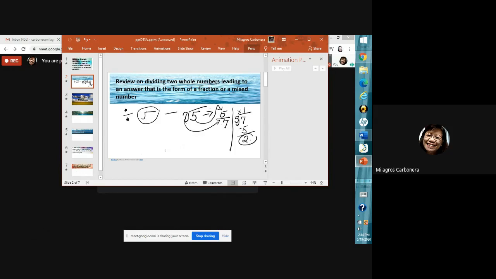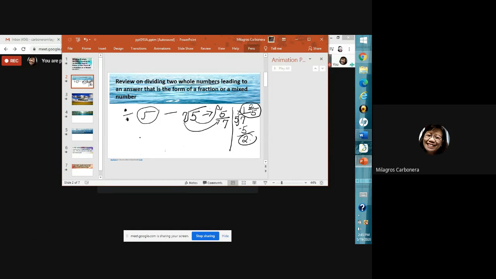But since you cannot get a group of 5 from 2, you can express it as a fraction. Your extra would be the numerator and your divisor would be the denominator. So 7 divided by 5 is 1 and 2/5. Meaning, there is one group of 5 and the two leftovers will be divided among the 5. But since you cannot divide, you express it as a fraction.